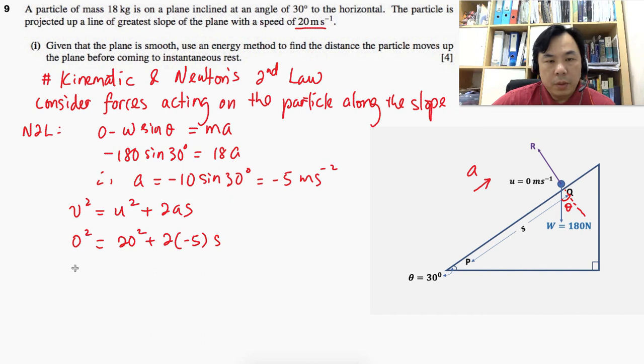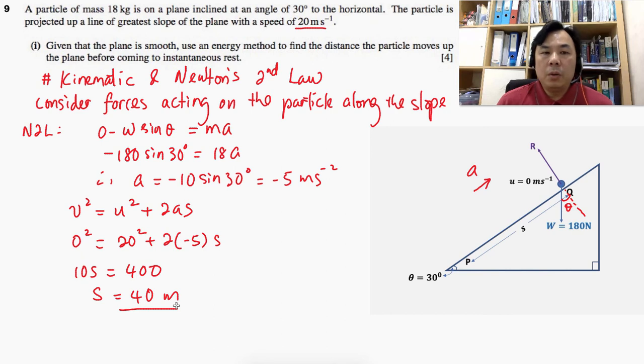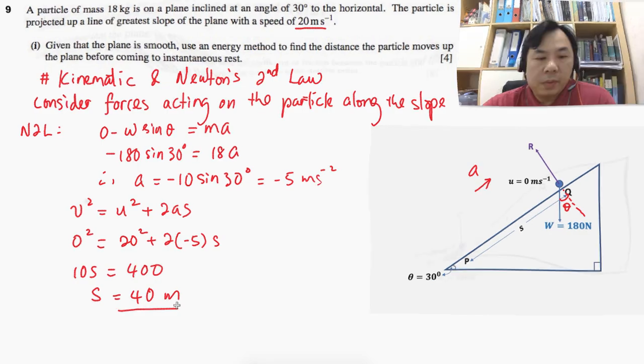So from here, you get 10s is equal to 400. Therefore, this is equal to 40 meters. That's how we apply kinematics and Newton's second law to obtain the distance traveled up the hill when it comes instantaneously to rest. All right, I hope that is clear. We're going to look at the last part of this question shortly.